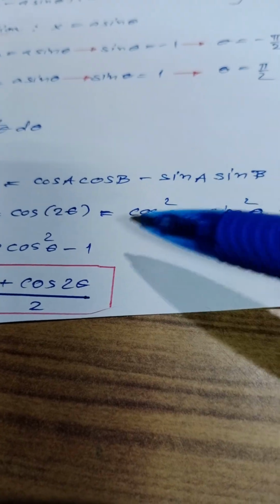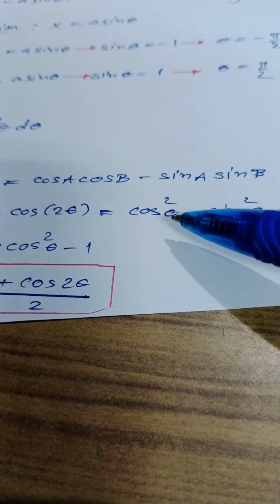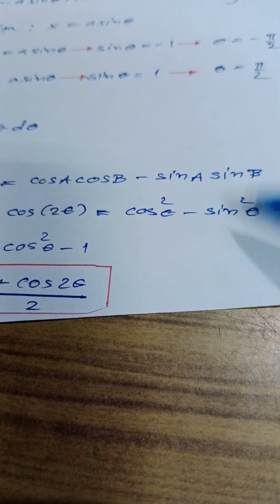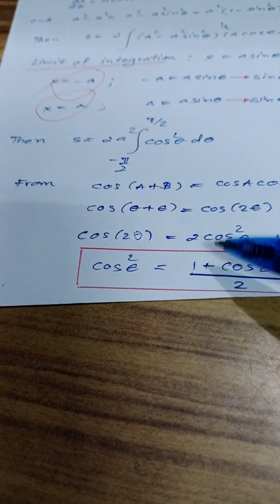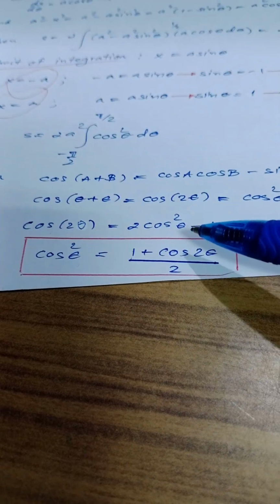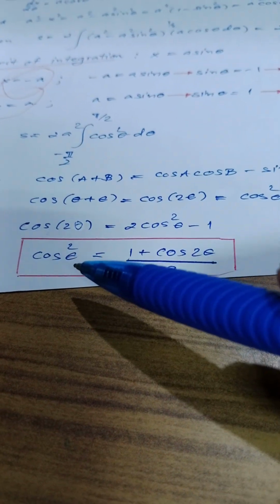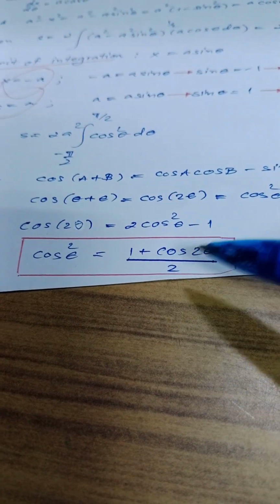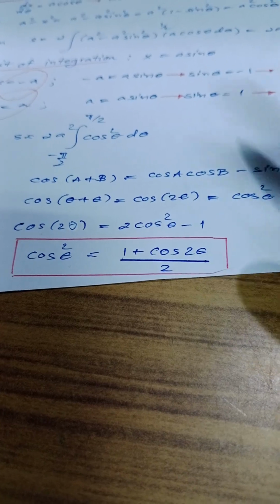You apply this property, you have cosine squared theta minus sine squared theta. And you write everything in the term of cosine theta. You know that sine squared theta equal to 1 minus cosine squared theta. And then you can write cosine 2 theta in the term of cosine theta, and cosine squared theta equal to (1 plus cosine 2 theta) over 2.